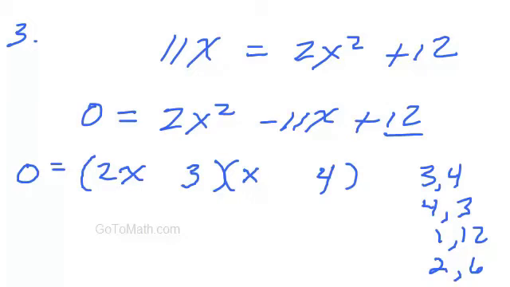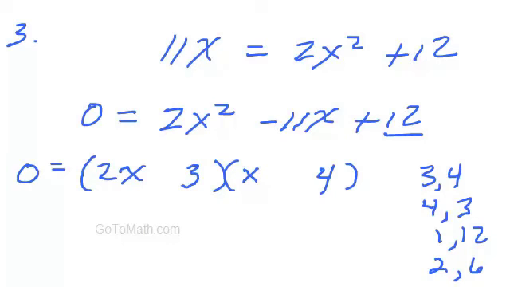So 2x times 4 is 8x, and then plus 3x, and you add both those terms together and you end up getting 11x, and so that's actually good.